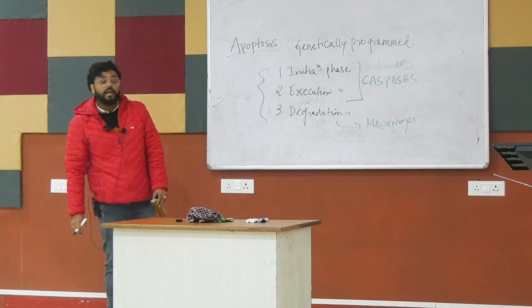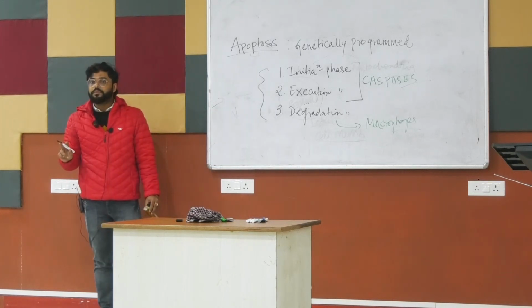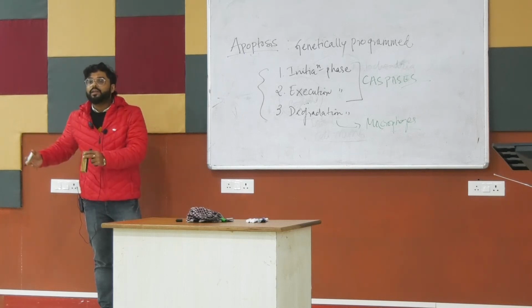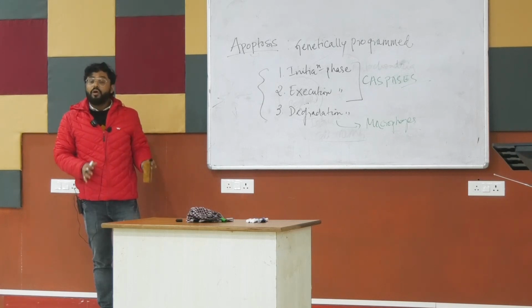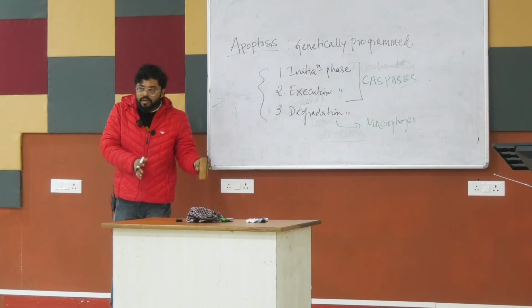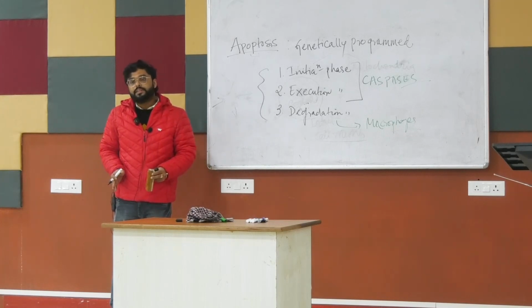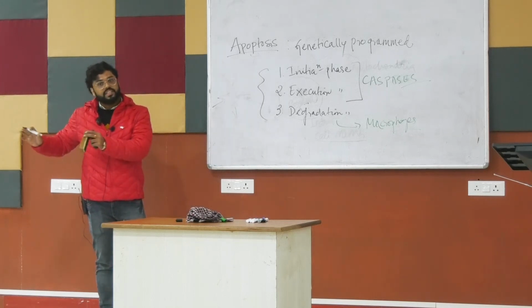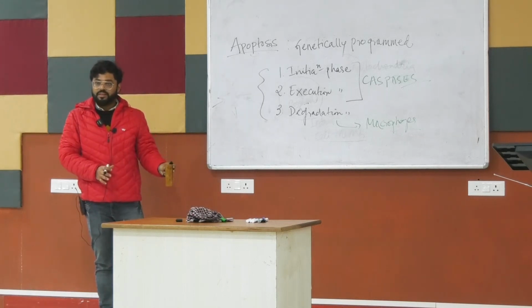There are two sets of genes, or rather, families of genes. This family of genes could either facilitate or inhibit apoptosis.